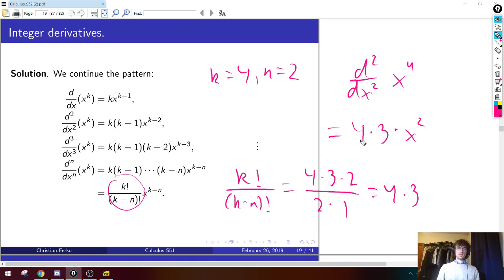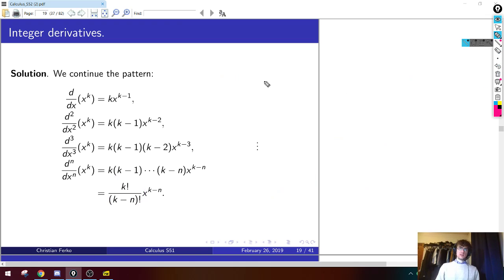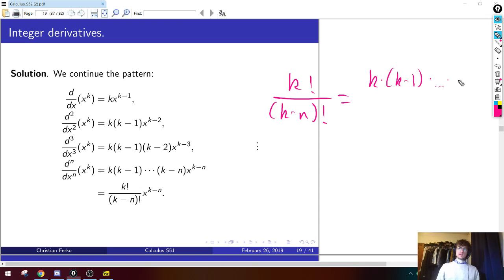Let's compare that to doing it ourselves. Yeah, so we do have 12x to the second here, because this ratio is 4 times 3 times 2. Oh, wait a second. What am I doing? Yeah, no, this is right, because the 2's cancel. So this is 4 times 3. So this formula is apparently correct. So why is that correct? K factorial over k minus n factorial is k times k minus 1 times dot dot dot times k minus n, and then those all get canceled, right?